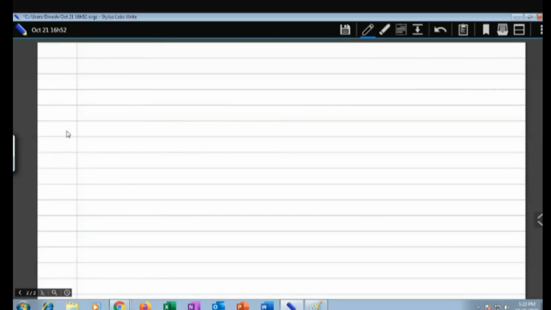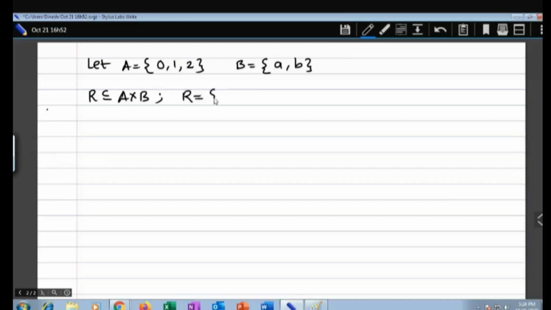For example, let us have one example. Let's say A is equal to {0, 1, 2}, and B is equal to {a, b}, small a, b, and R is a relation on A cross B, where R is equal to, let's say, some pairs (0, a), and let's say (0, b), (1, a), and (2, b).